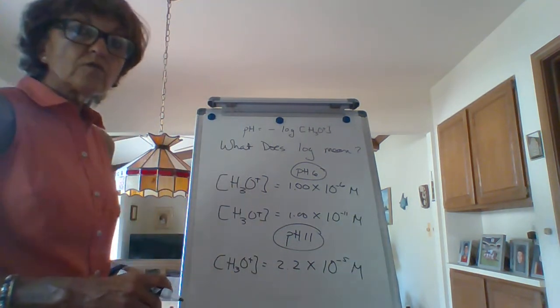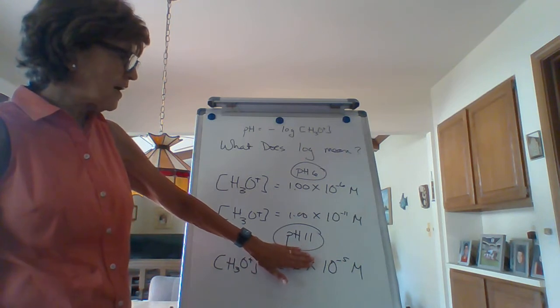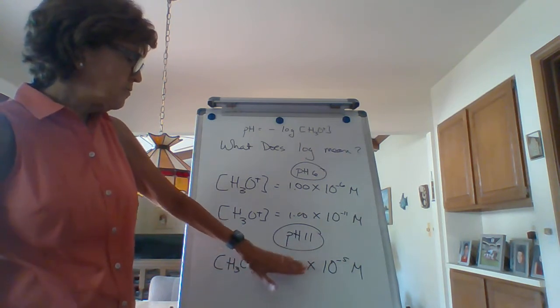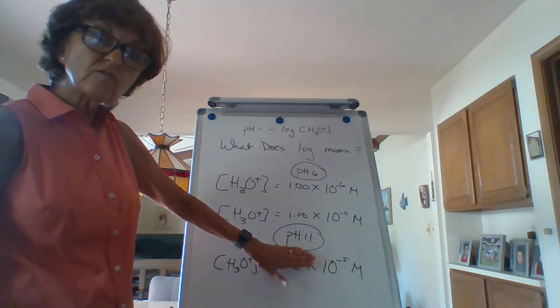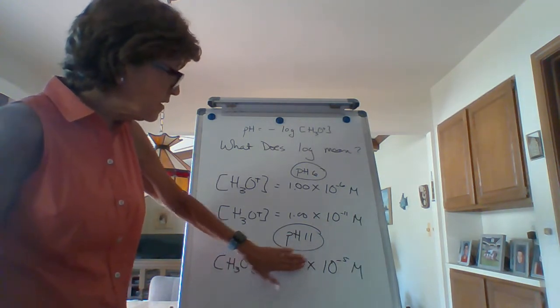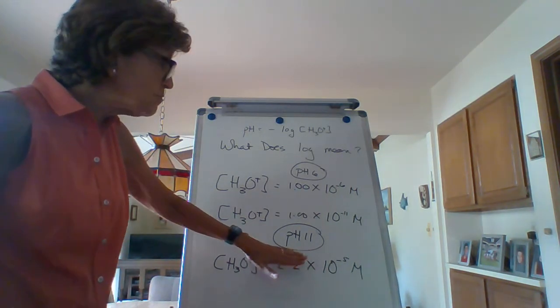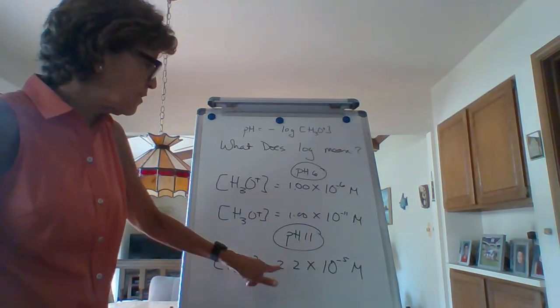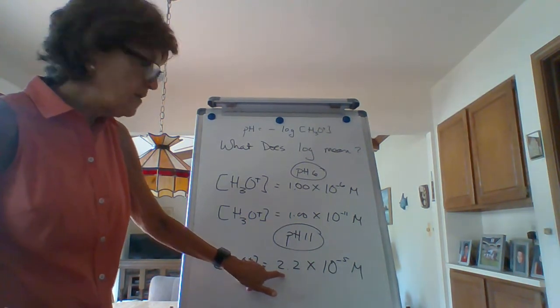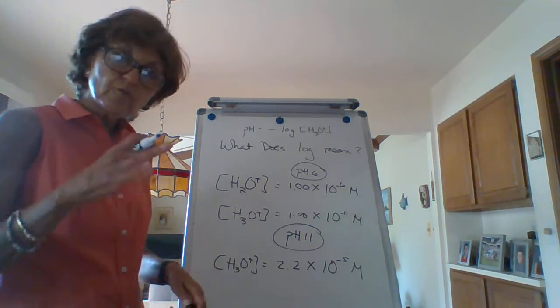Okay, so it would be a pH of 5 if this was a 1. We're all okay with that, hopefully. But this is more than 1, so that means it's more acidic than just 5. So we have more hydronium ion than just a 1. So it's going to be 4 point something.